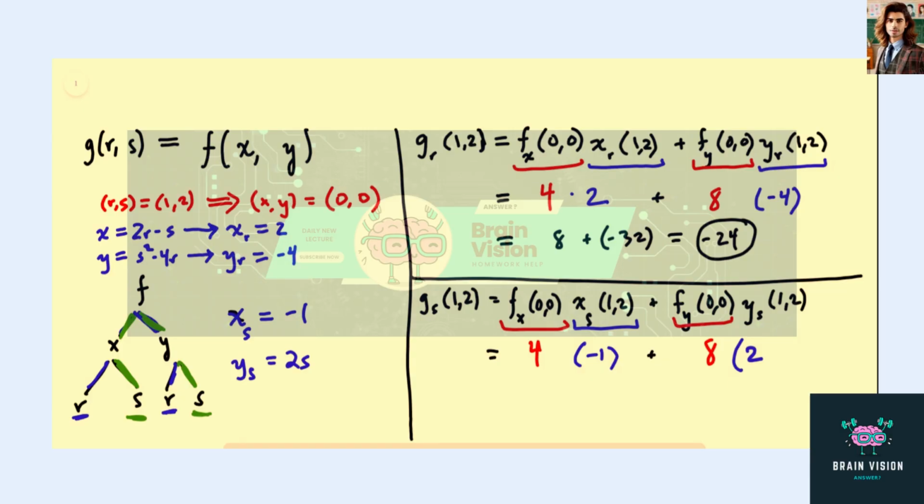And again, we're doing this at the point 1, 2. So negative 4 plus 8 times 2. What is our s value? Well, at the point 1, 2, our s variable is 2, right? So 2 times 2. So negative 4 plus 8 times 4 is 32, which will give us 28. Hopefully that helped.